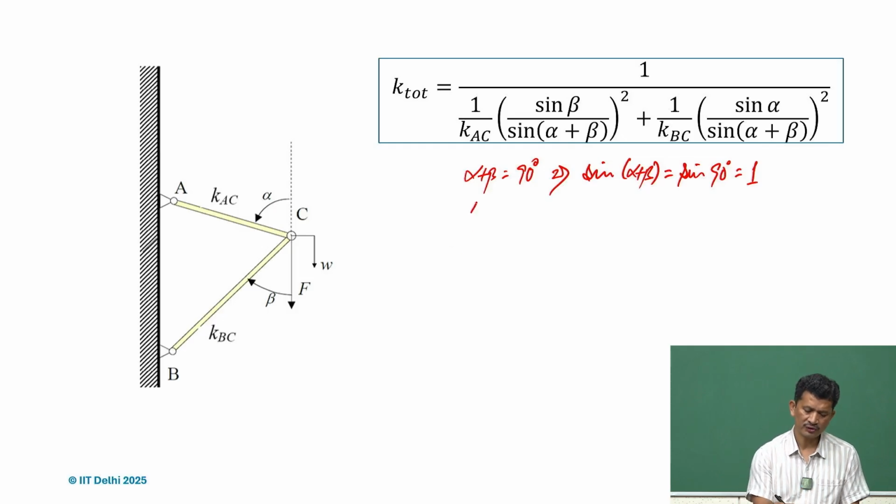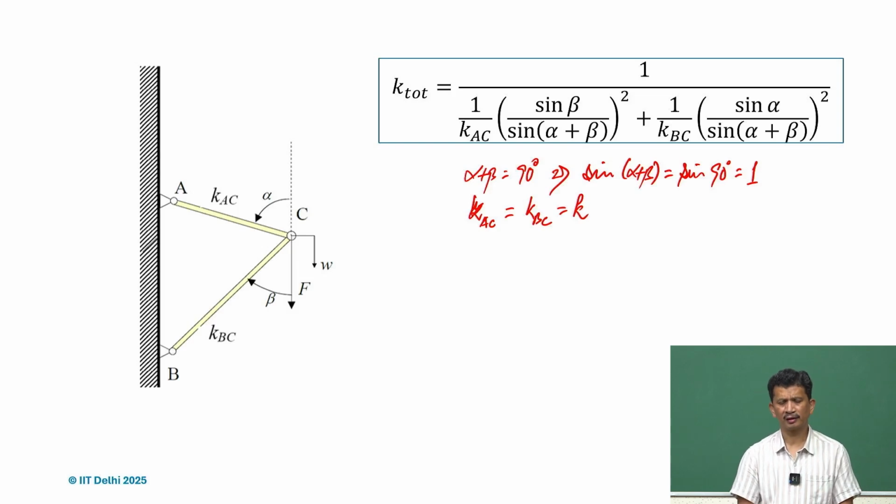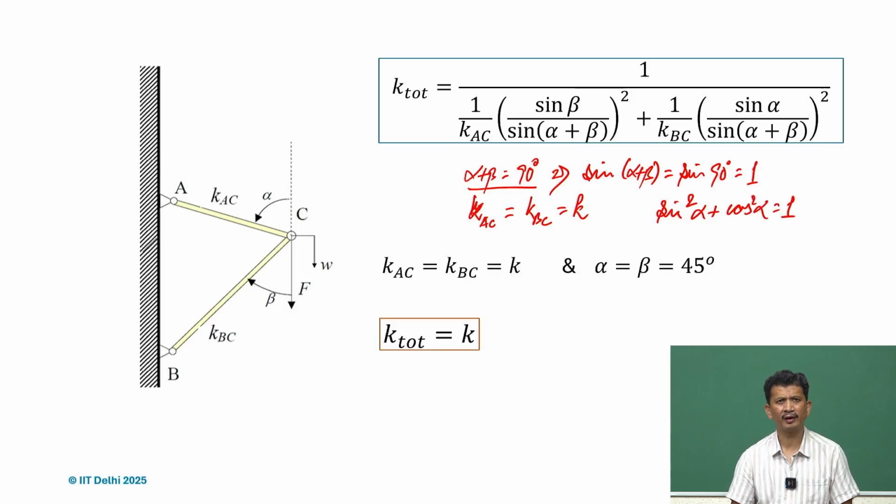And if we also assume that the stiffness KAC is equal to KBC, it can come out, and what we will be left with is that beta and alpha are also related. Since alpha plus beta is 90 degrees, one will be sine and one will be cos squared. So, sine squared alpha plus cos squared alpha is 1, so it can be further simplified.